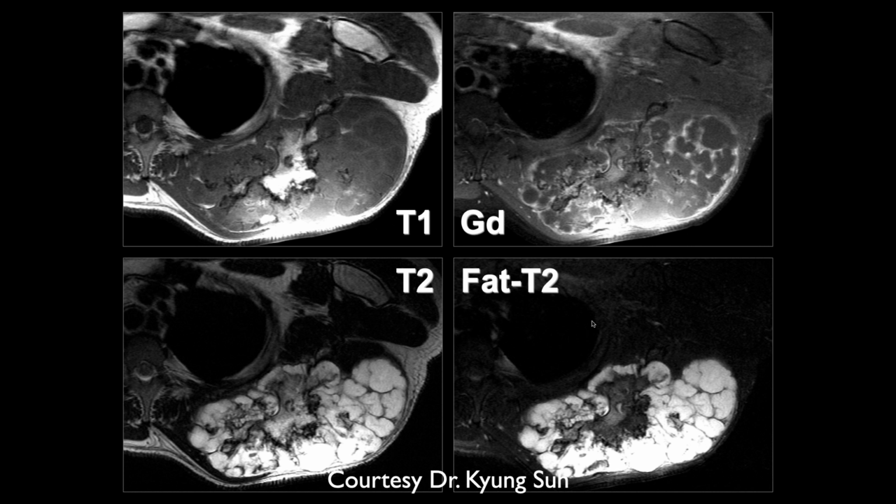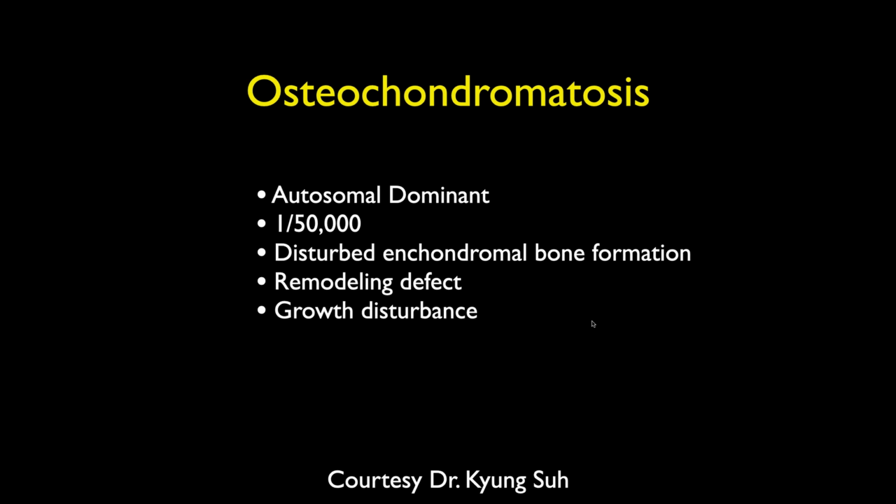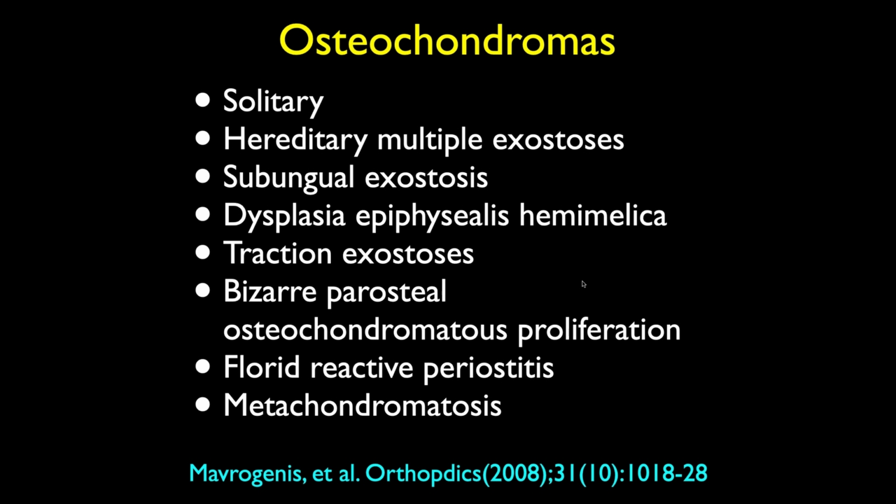Exactly. So this is osteochondromatosis, 1 in 50,000 typically. And when you see these, you can have a solitary type, which is the most common we see. You get hereditary multiple exostosis like this last case. Then you've got subungual exostosis, which have their own problems in the fingers. And then a bunch of other associated lesions, including the bizarre periosteal osteochondromatous proliferation.